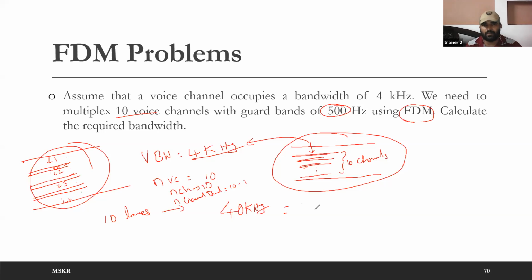So total bandwidth means 10 channels into each channel of 4 kilohertz, plus we have 9 guard bands where each guard band width is 500 hertz. So the answer you can calculate like this. Is it clear with this problem?